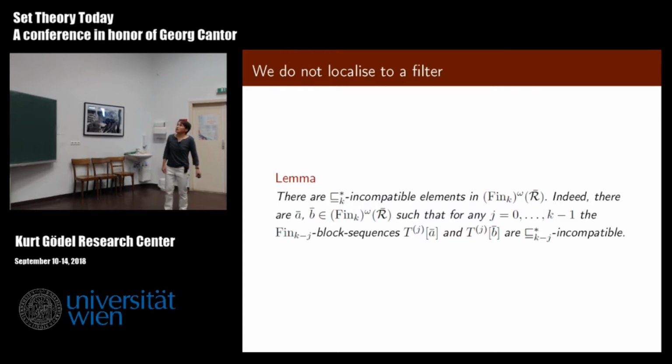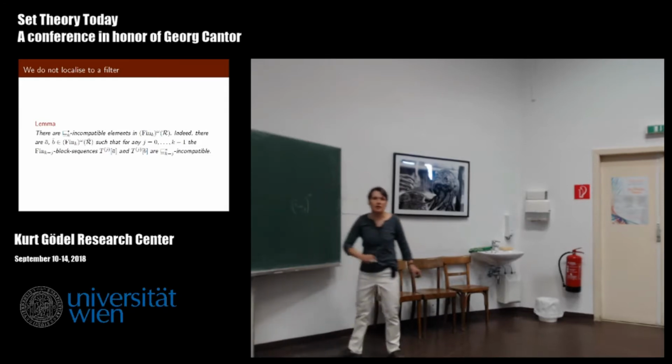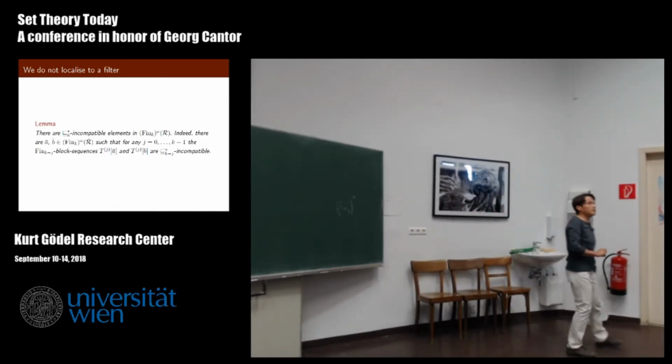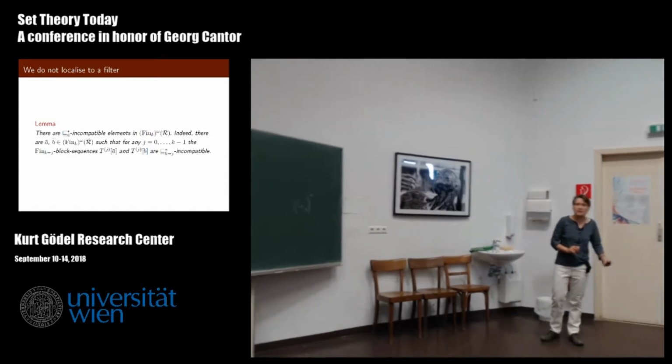So now we have done this localized space. You probably know localizations of this Fin-k to omega space. The famous one for k equals 1 is the so-called Milliken-Taylor ultrafilter, or equivalently the stable ordered union ultrafilter. That would be a centered subspace of the full space Fin-1 to the omega.